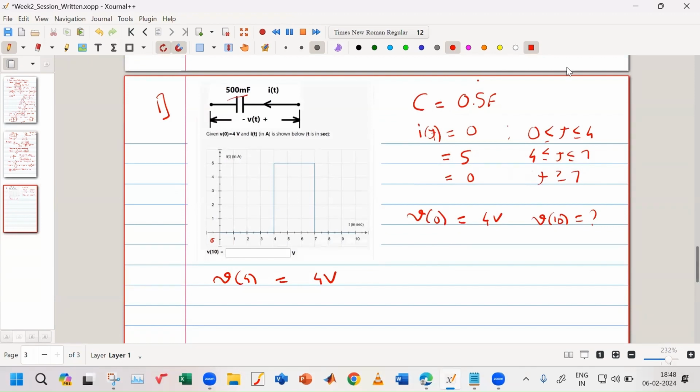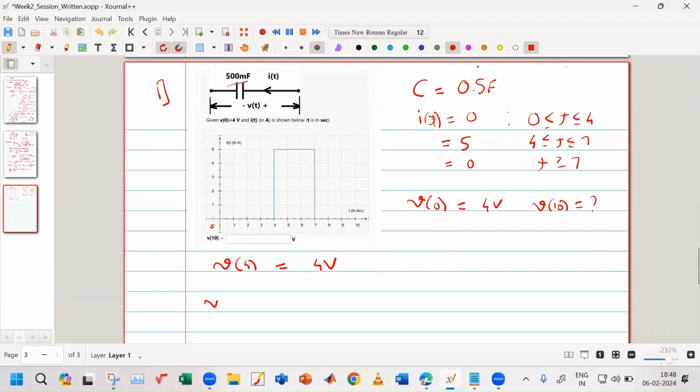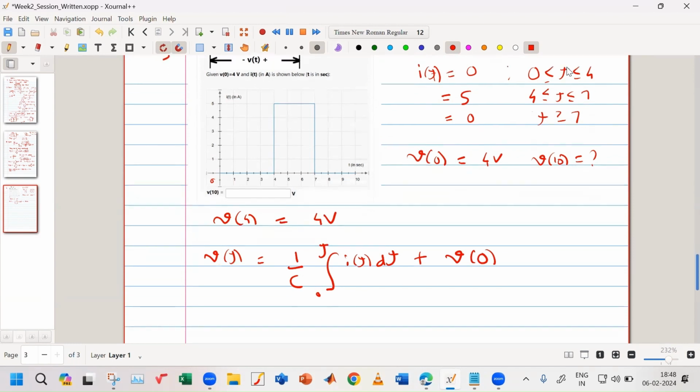So the better way is I will write V of t is 1 by C, integration from 0 to t of i(t) dt, plus V of 0, the initial voltage.